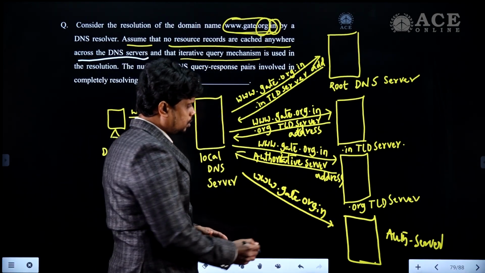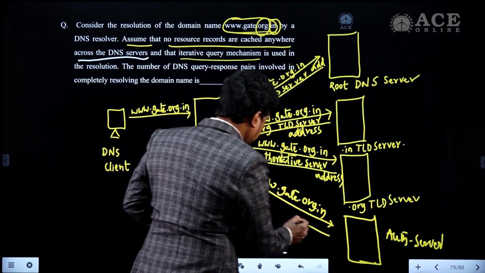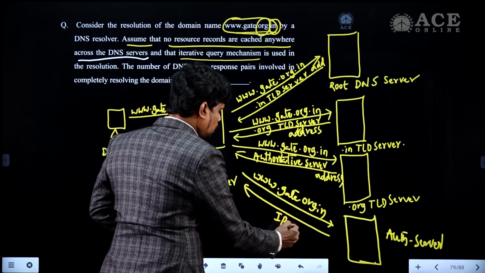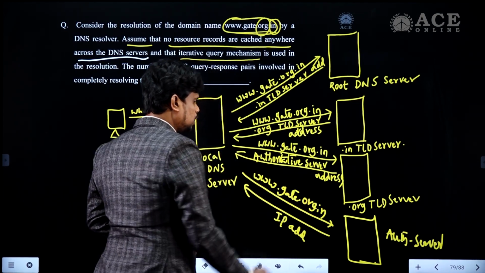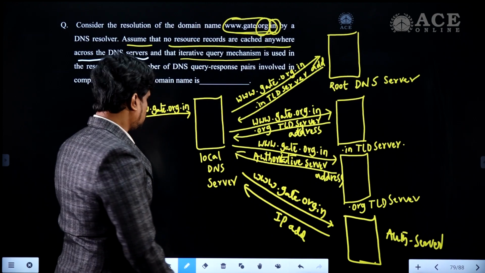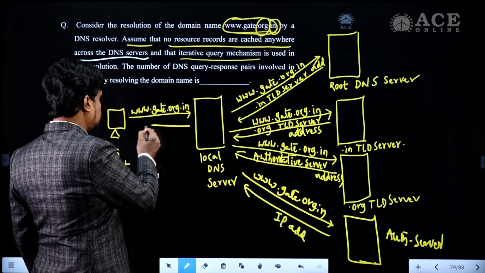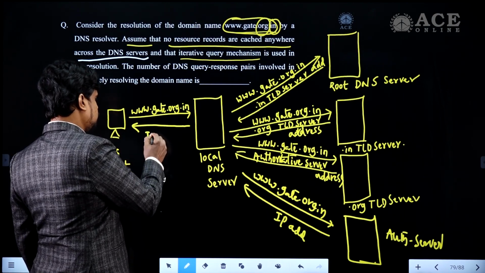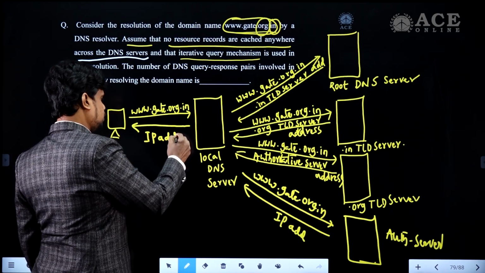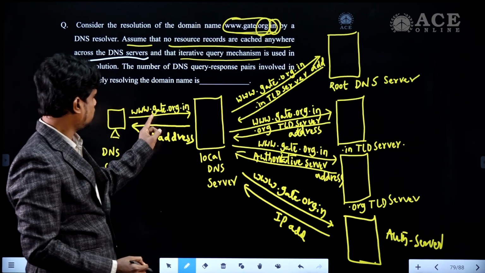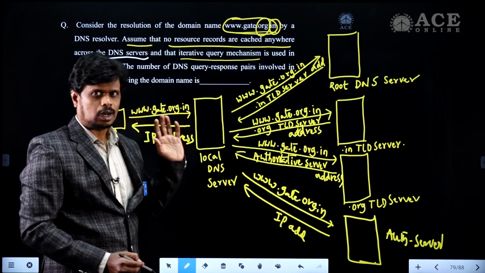So obviously this authoritative server has the IP address of this particular URL address, and it gives that IP address. Once it gets this IP address, the local DNS server will respond to the DNS client with that same IP address. Then the DNS client is able to access this www.get.org.in URL address, right?